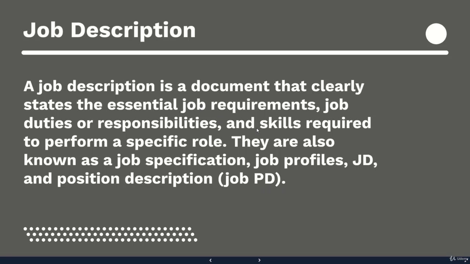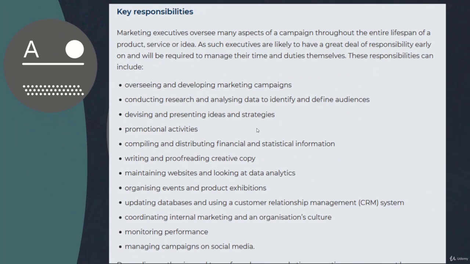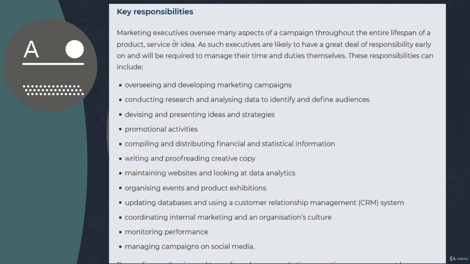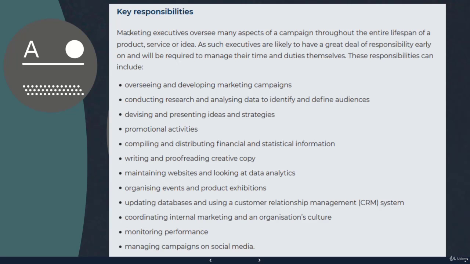To do that, we are going to start by looking at an example of a job description. For example, you're going to apply for a job as a marketing executive. First, we look at the key responsibilities that are asked for in that job. They are looking for a candidate who is good at overseeing and developing marketing campaigns, looking at promotional activities, organizing events and product exhibitions, and monitoring performance.